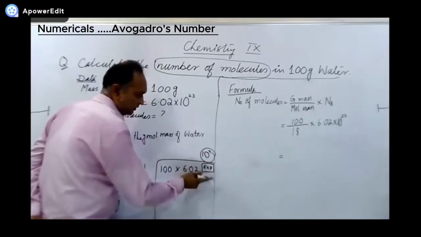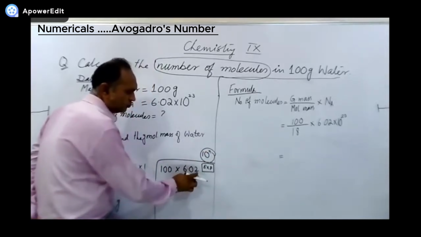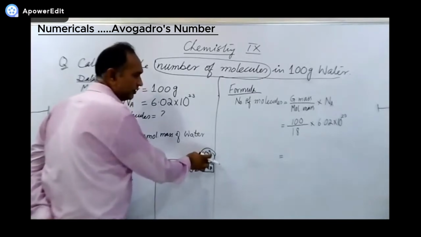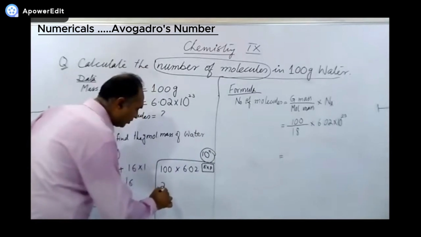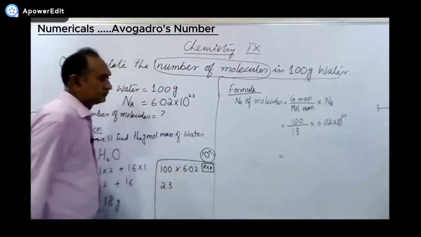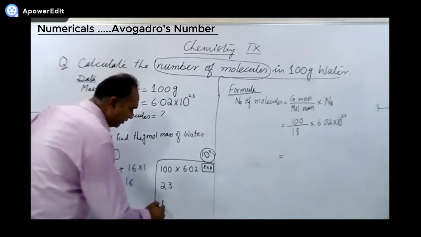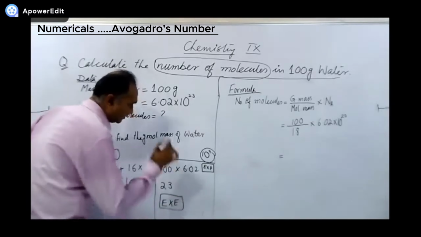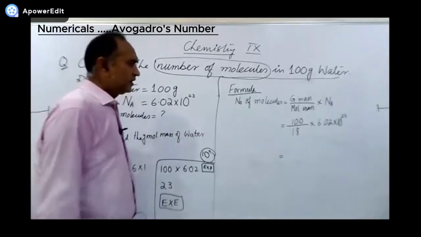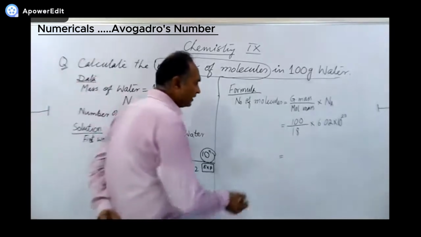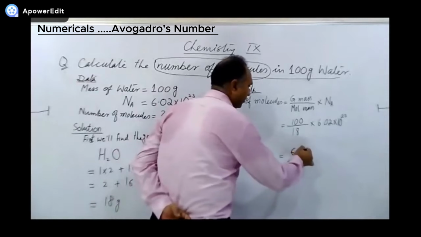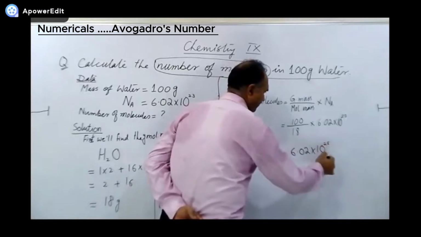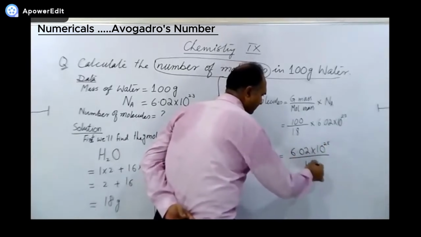You will enter 6.02, then press the button exponent, or this button if you have in your calculator. Then you will write 23 only. And then you will press execute. When you execute it, you will get the answer 6.02 into 10 to the power 25 divided by 18.